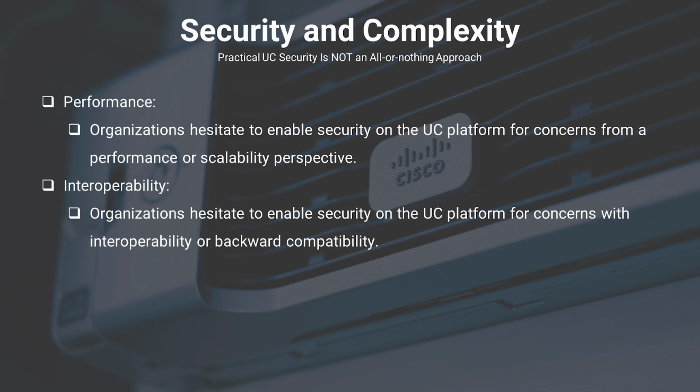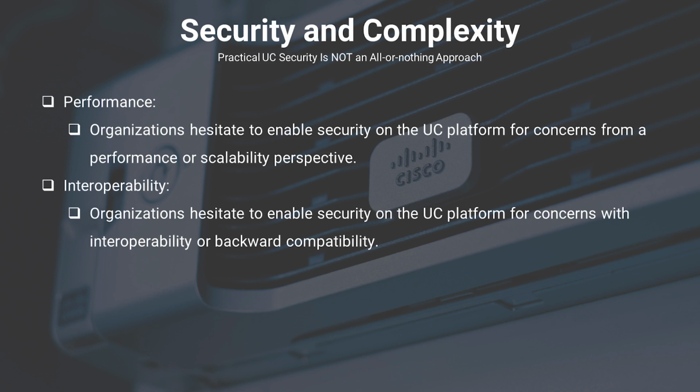We have organizations concerned about performance and interoperability after enabling security features in the UC environment. We need to understand how each security control affects our environment to find a good balance of operations and security.